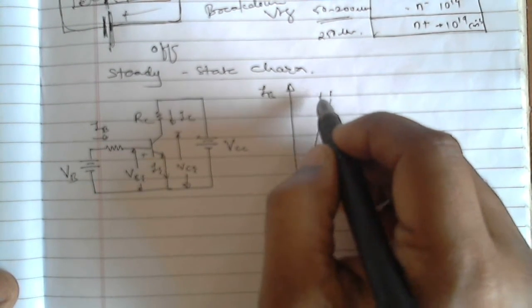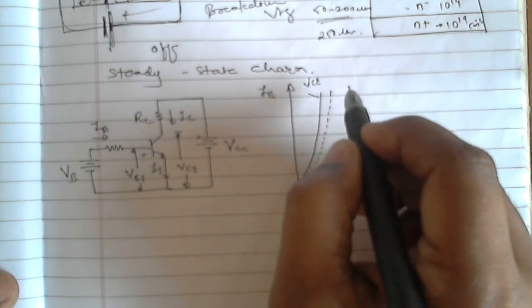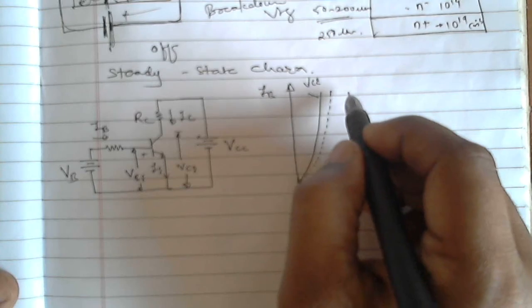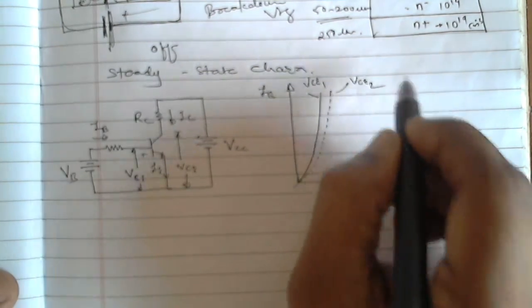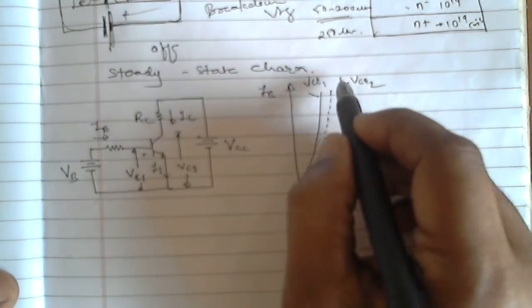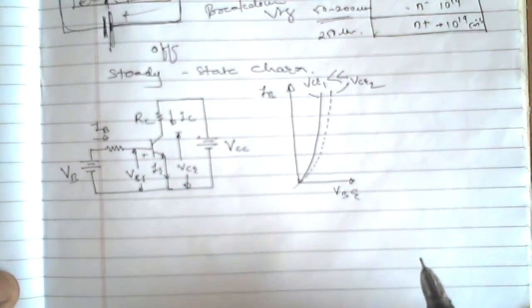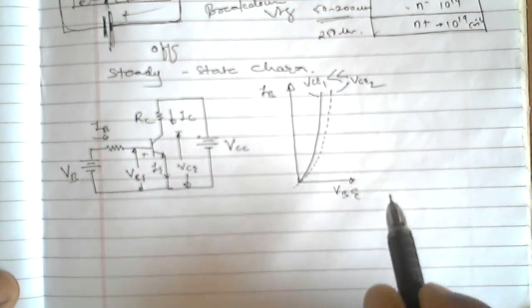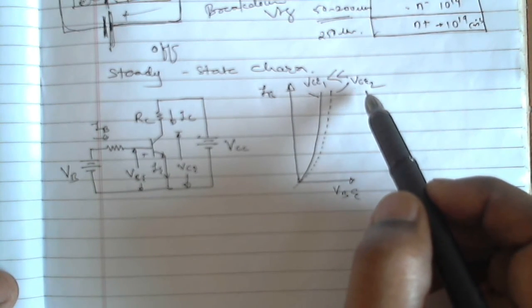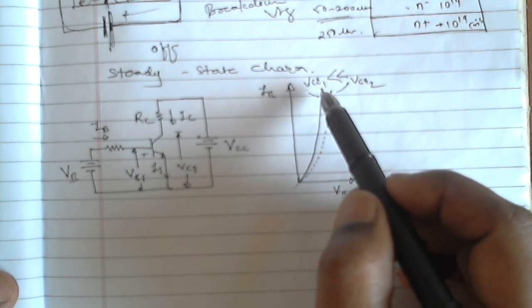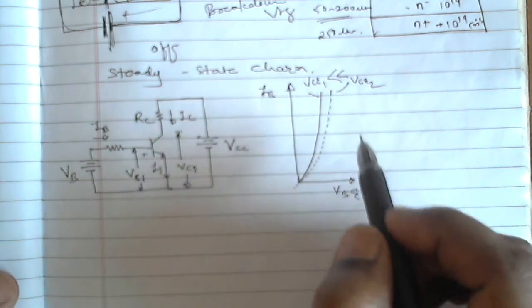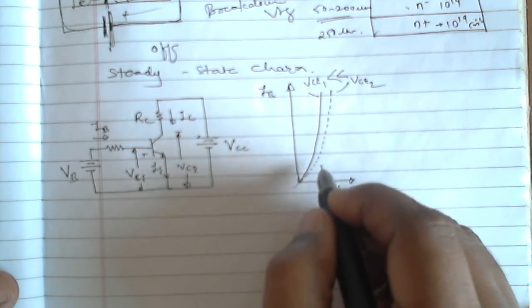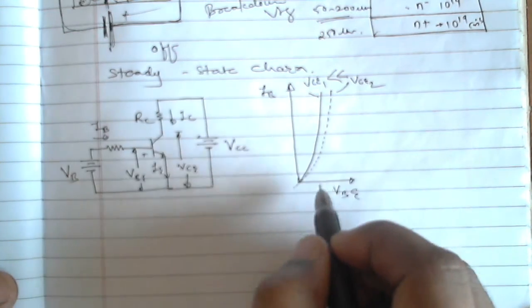But if I call this VC, the collector emitter voltage, this is VC1 and this is VC2. Now let's say VC2 is greater than VC1. So when the collector emitter voltage VC2 is more than VC1, the base current for the same VB decreases. Means how?